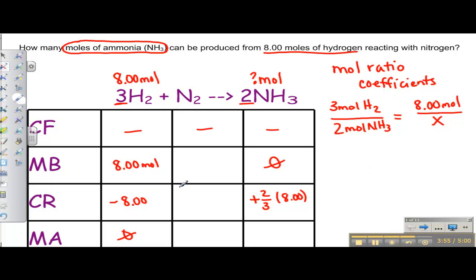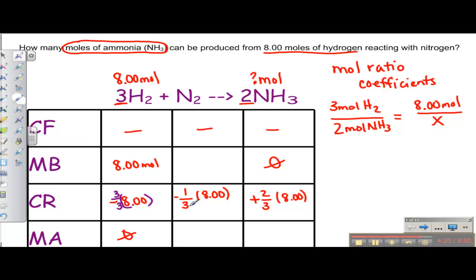So if we were going to do the fraction for nitrogen, it would be 1/3, and we would lose it because it is a reactant, and that would be times 8 as well. So if we're going to do the fraction for hydrogen, it would be 3/3 times 8.